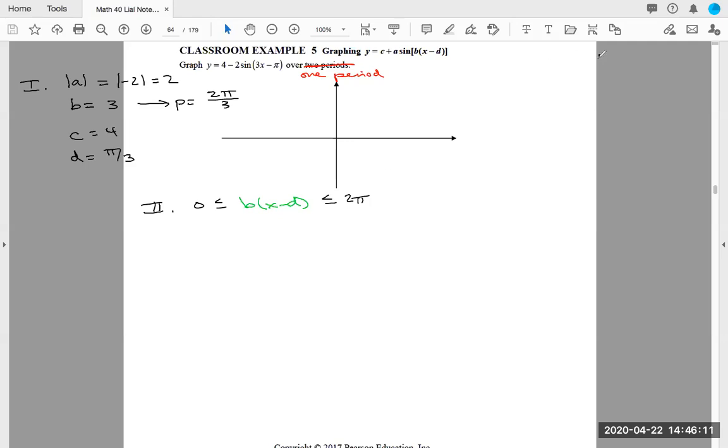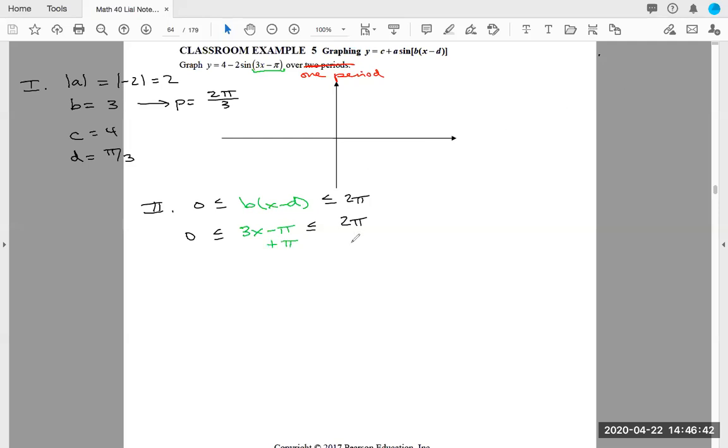In this case, b times x minus d is right here inside the argument of sine. Now we want to isolate x. So this will take some algebraic steps.